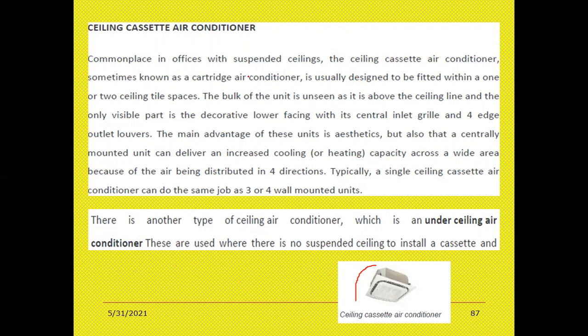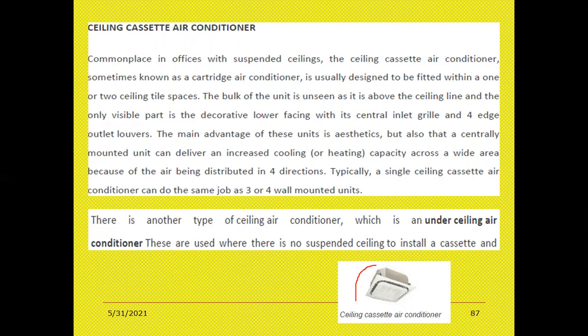The window and split air conditioners are used for single rooms or small office spaces. We have already discussed window and split ACs, which are used for small offices and small room spaces. If the whole building is to be cooled, it is not economically viable. To put window air conditioners in such a system is very difficult.